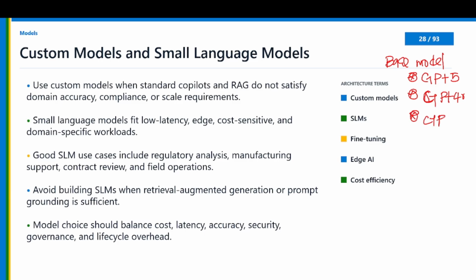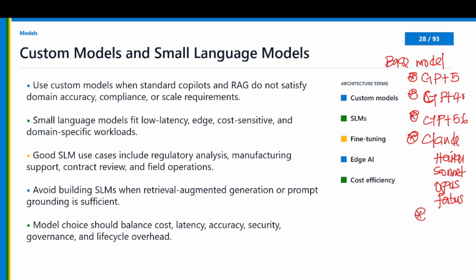We have GPT 5.6, which is the latest now. We have Claude. Under Claude we have Haiku. I don't know whether Claude has dropped Haiku now. We have Sonnet, and then we have Opus, and then now we have Fables.